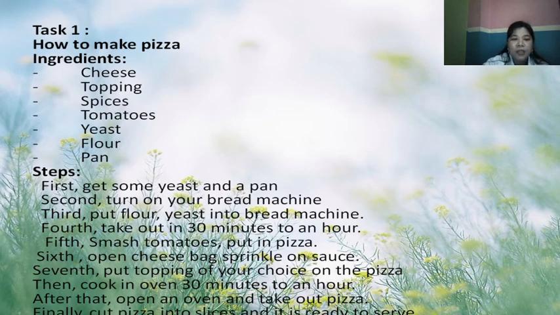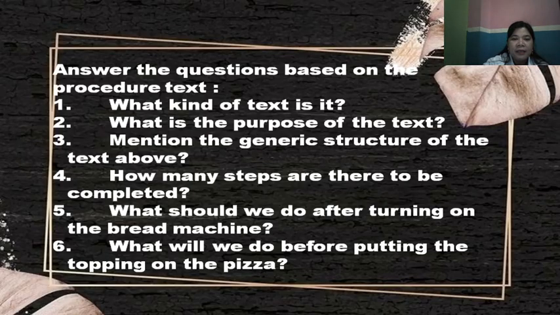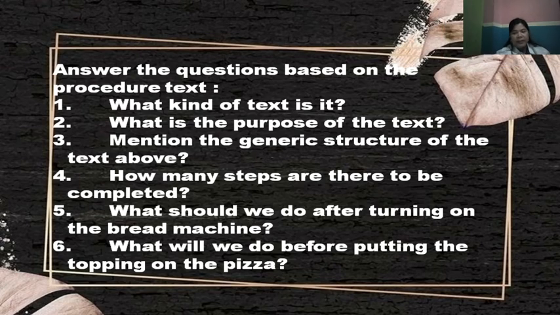Okay, students, you have to read this text and then the questions are: number one, what kind of text is it? Number two, what is the purpose of the text? Number three, mention the generic structure of the above text.